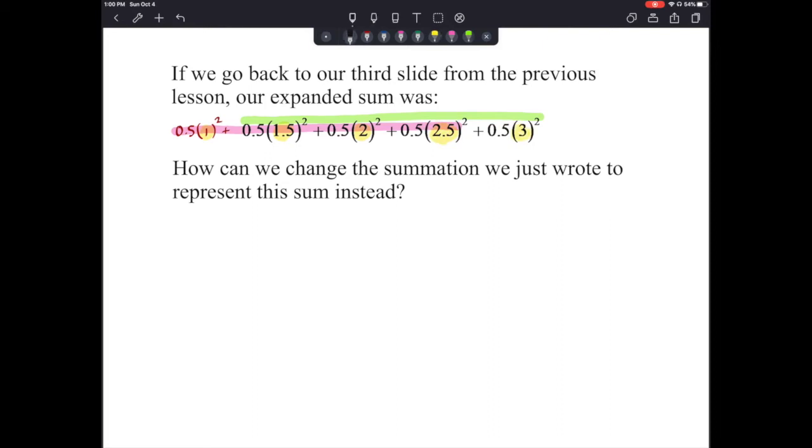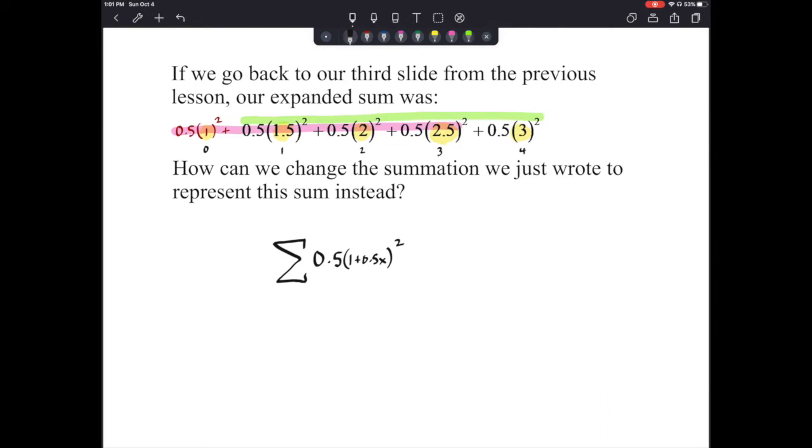So as I take it here and I write out my sigma notation, if that's the same pattern that we had before, I'm going to write 0.5 times something squared. Well, that something we said before was 1 plus 0.5x. But now, if this was our 0th term, this was our first, second, third, fourth terms.